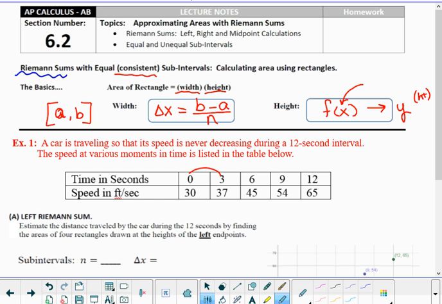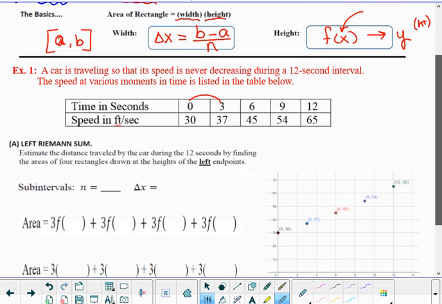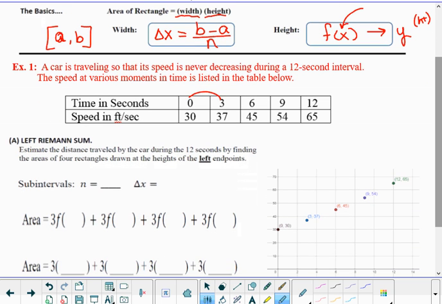A car is traveling so that the speed is never decreasing during a 12-second interval. The speed at various moments is listed in the table. It says, estimate the distance traveled by the car during the 12 seconds by finding the areas of 4 rectangles drawn at the heights using the left endpoint.